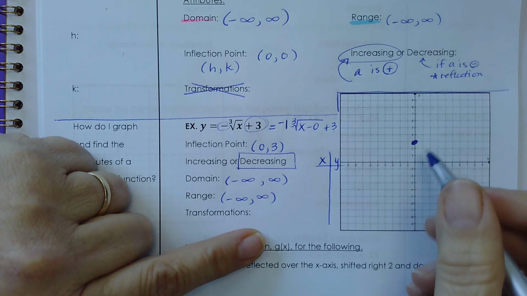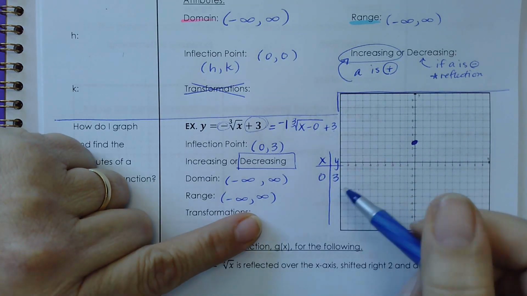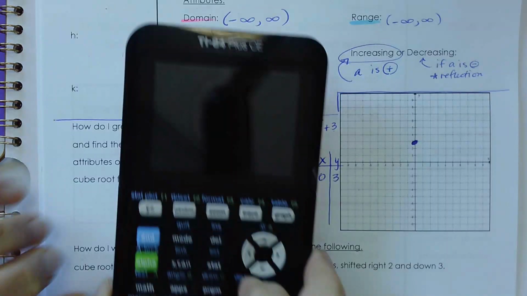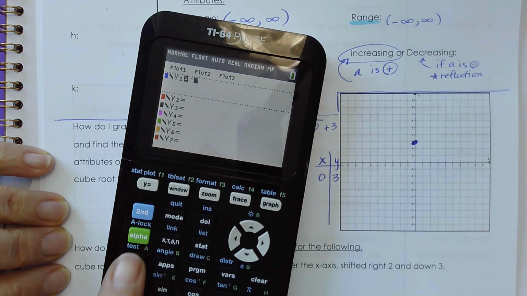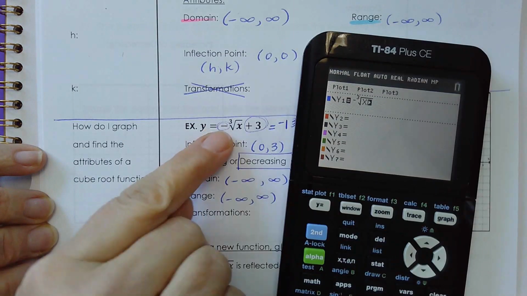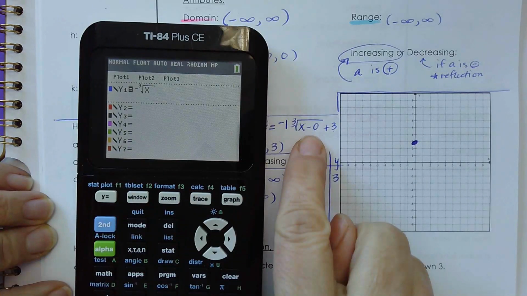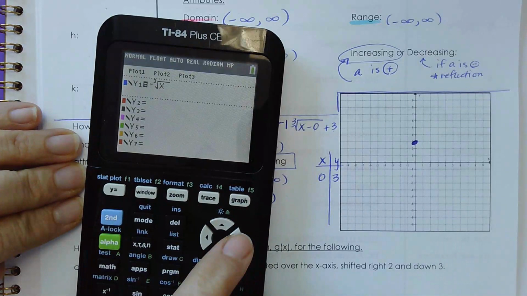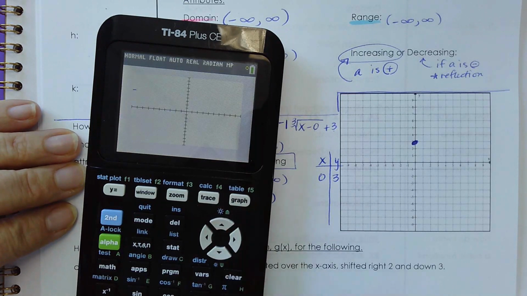Curve. And I'll type an F button for X. The plus 3 is outside, so I have to use it from under the radical, and I put 3 like this.